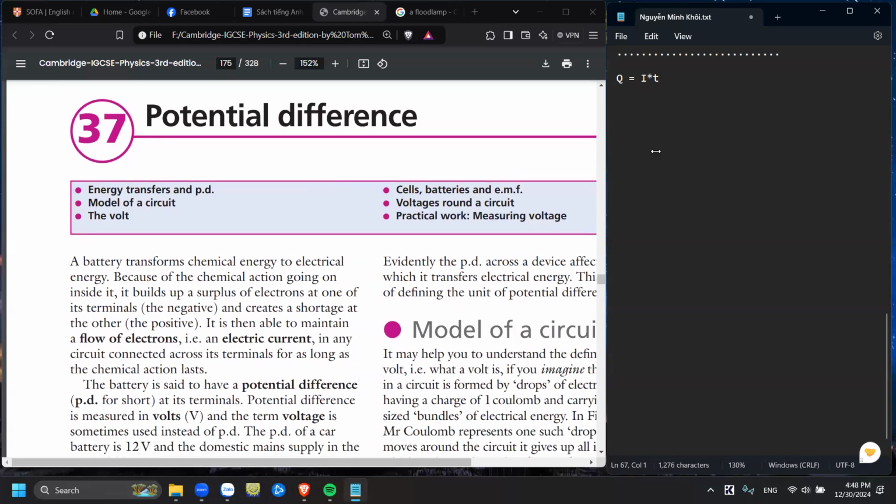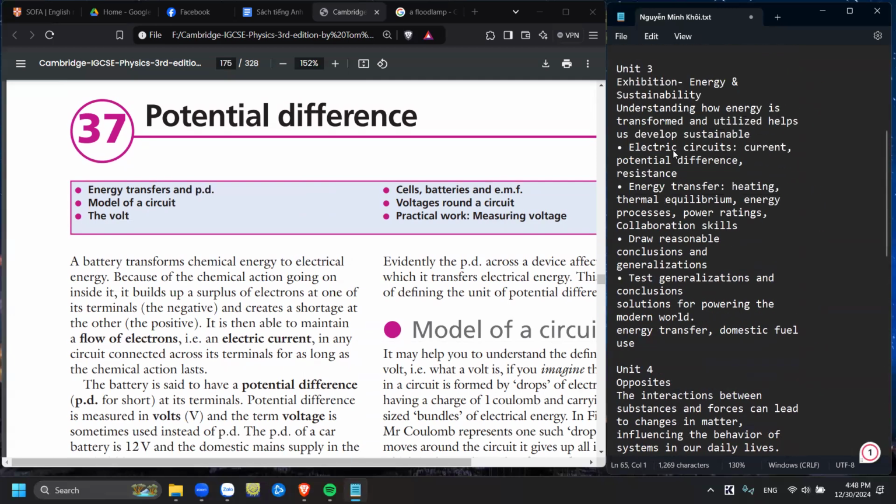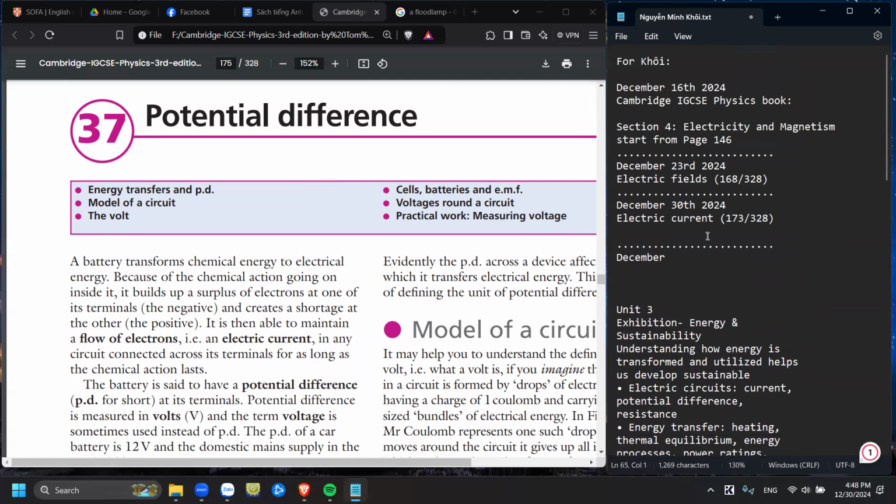All right. So unit 37, we talk about potential difference. Since we learned about current and the flow of electrons, we'll talk about potential difference now, which is on page 175.